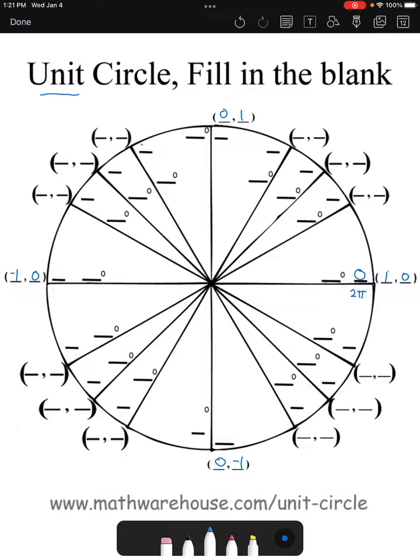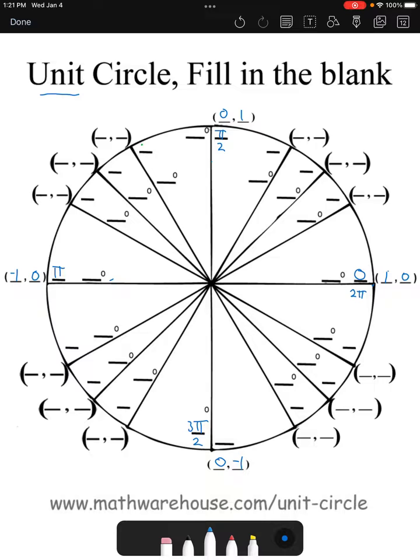So if it's 2 pi all the way around, then halfway around, it's pi. And then this would be half of pi, that distance. Well, then if I go over to this third quartile here, you'd have 1 pi over 2, then 2 pi over 2, then 3 pi over 2, then 4 pi over 2, which is 2 pi, if I break this up into fractional parts of circles.